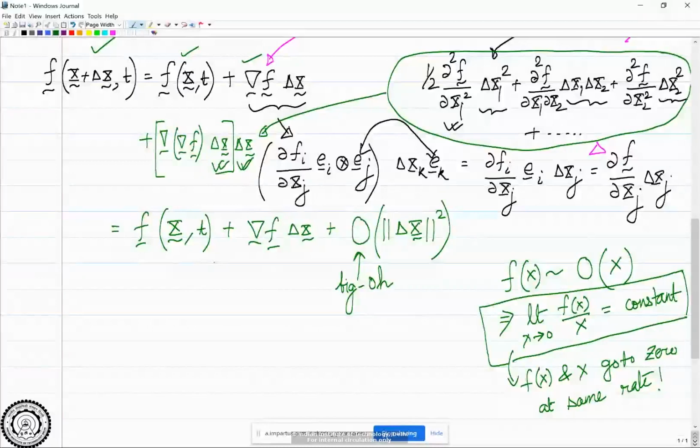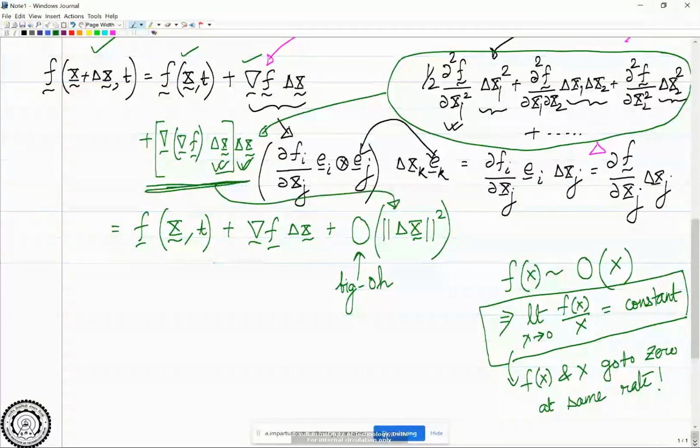Okay, so therefore here, this term that you see, that's of the order of delta x square. As delta x magnitude goes to 0, this green term is going to 0 at the order of delta capital X square. And then, in this Taylor series, there are other terms also, cubic, fourth order. So it's all in here. So the leading order is delta capital X square, and then delta x cube, 4, 5.